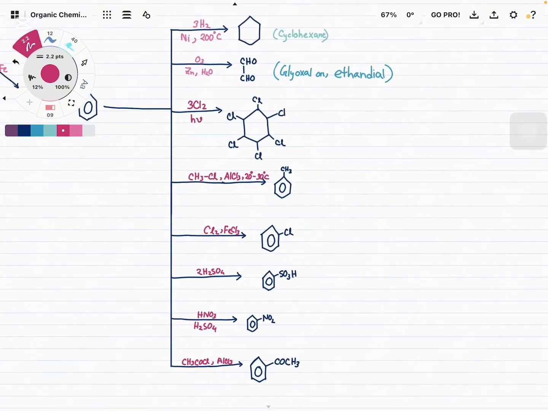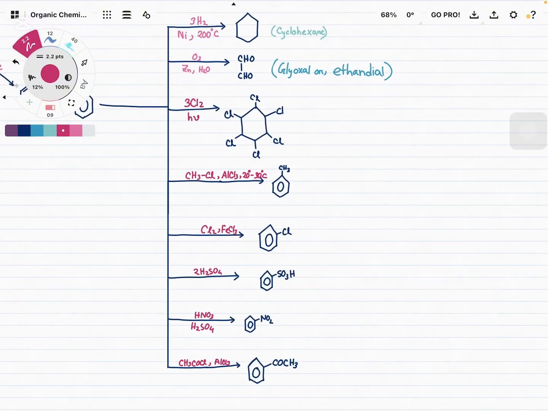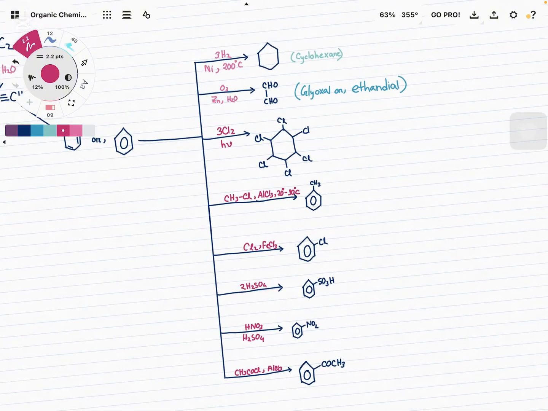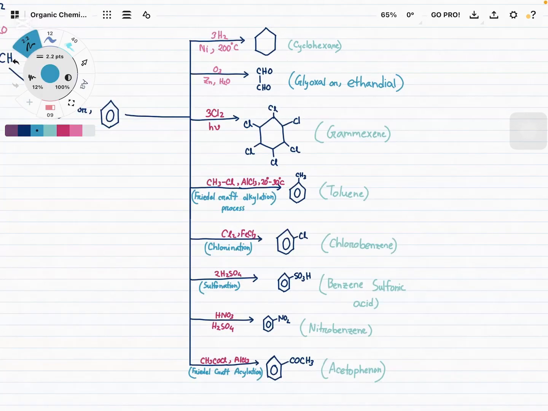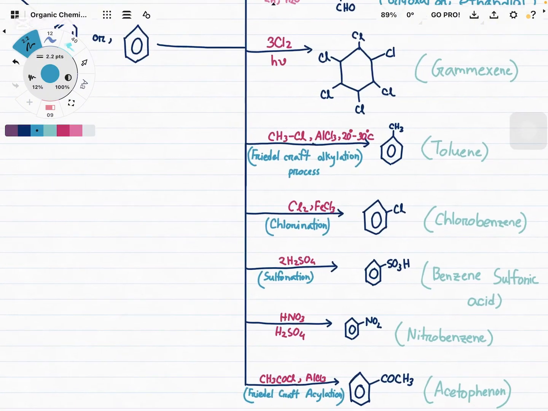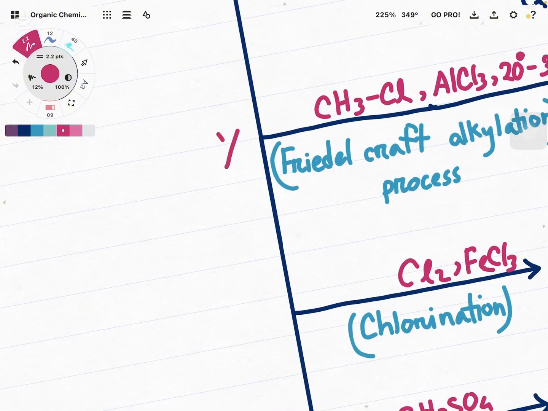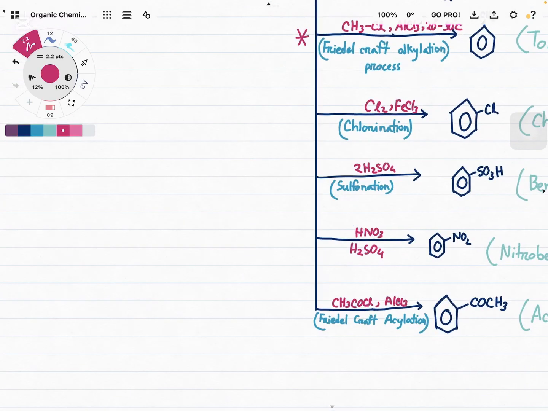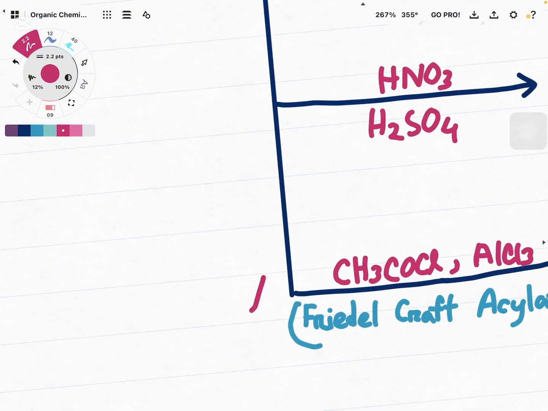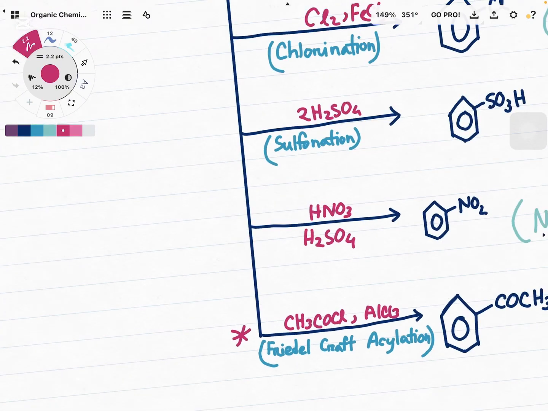But first let me put the names here so it will be easy to remember. I have put all the names here, which will make your reading easy. Something important here is that these two are different and important reactions.